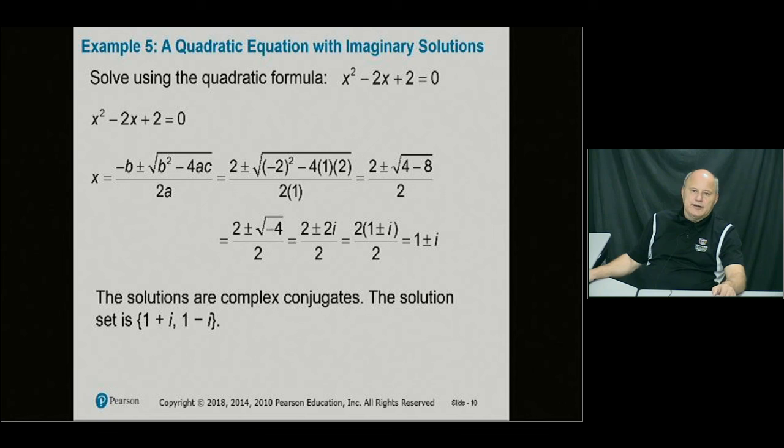So it's very important that you're reading my math lab instructions. I'm a little bit more flexible on exams, but in the math lab, they're very, very particular about how you write the solutions. Remember, they're comparing your answer to what they have in the database. Well, 1 plus or minus i is not in their database.